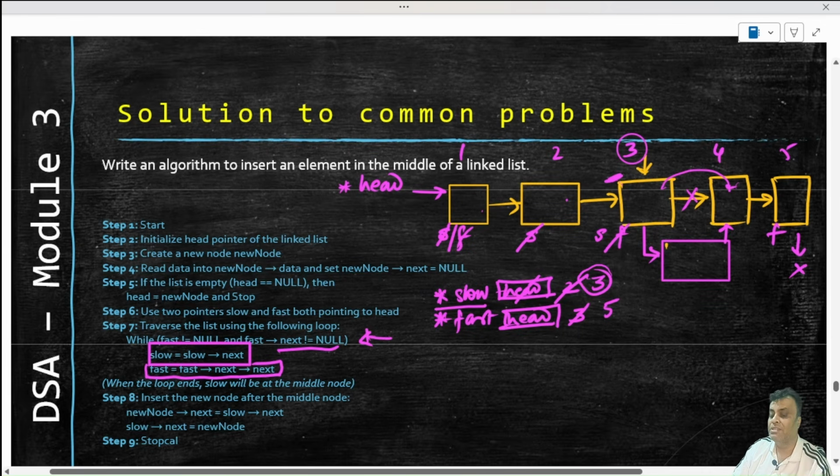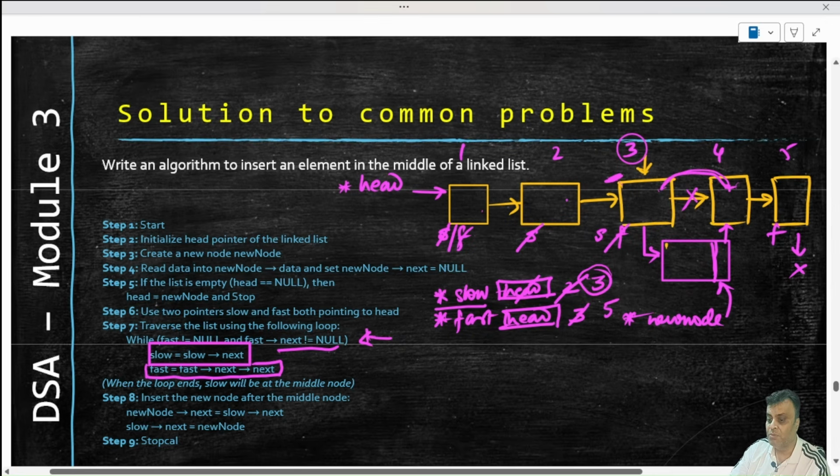Once you get the address of the element in the slow pointer, the rest of the things you have already done many a times. You have to create a new node, right? And that new node will be pointing here. And all you need to do is say that your new node's next will be the slow pointer's next.